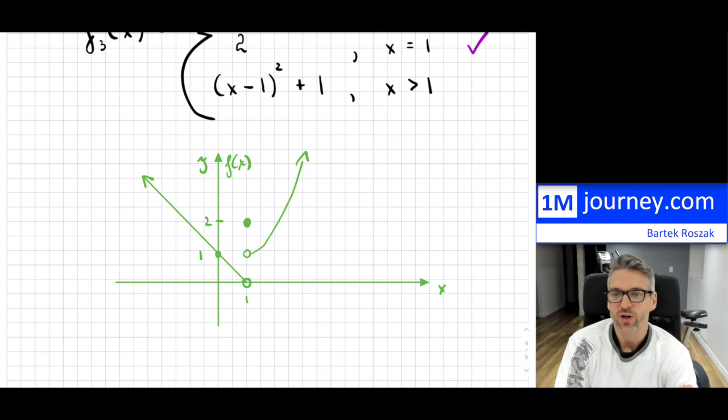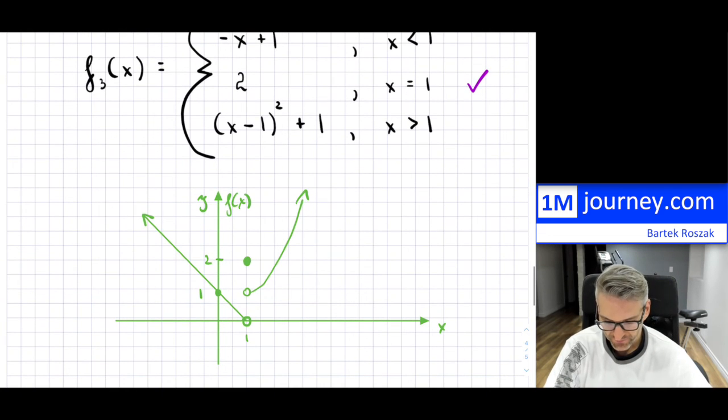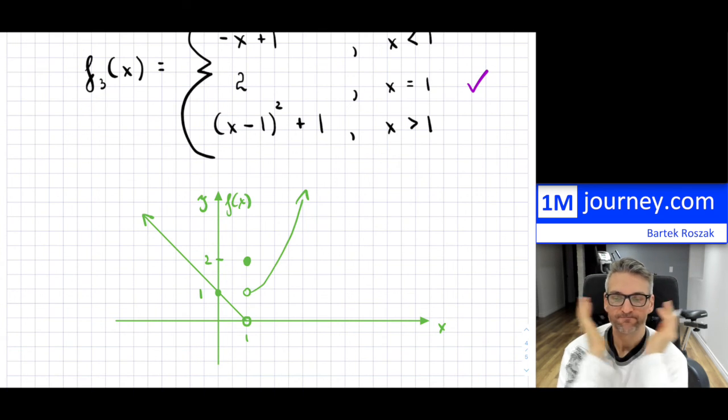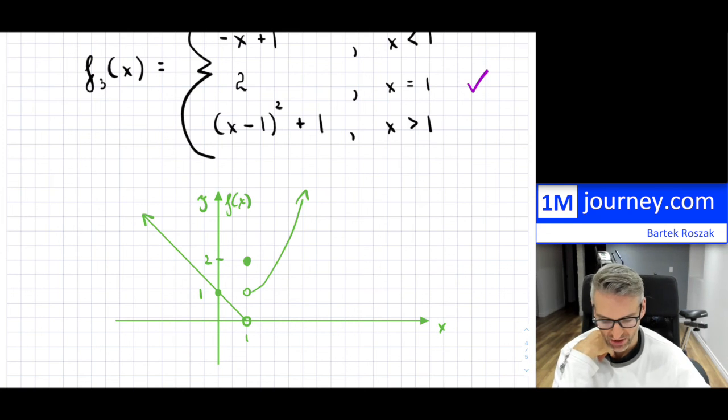All right, now it's all clean. This is exactly how it would look, and again, it should not shock you. It's now very visual, so you can see that this function is discontinuous at x equal to 1. It's completely discontinuous.